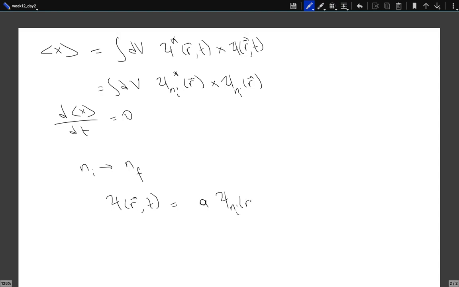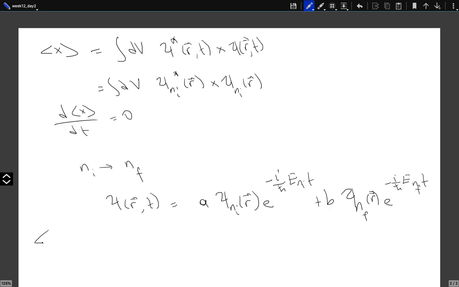It will have a finite probability of being in the initial state during the transition, with its energy-dependent exponential, plus some other probability to be in the final state. This will be my wave function during the transition.